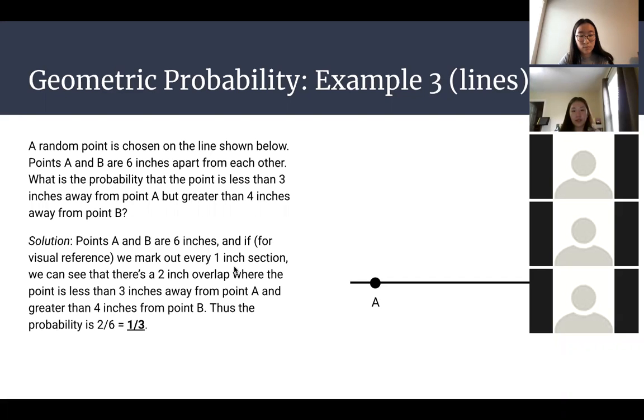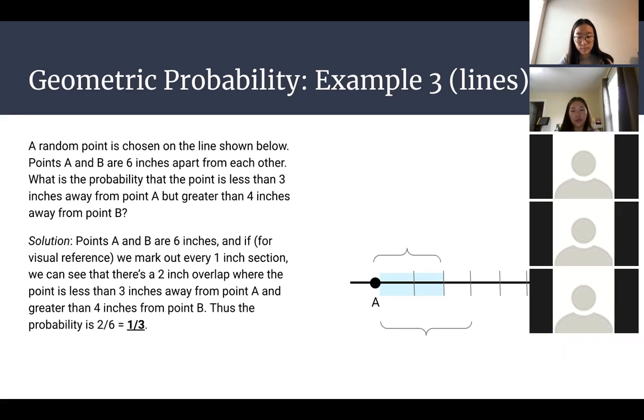We are going to mark the 1 inch marks just for your reference. The question tells us the point is less than 3 inches away from point A, so the bottom brace is showing us where that section is.